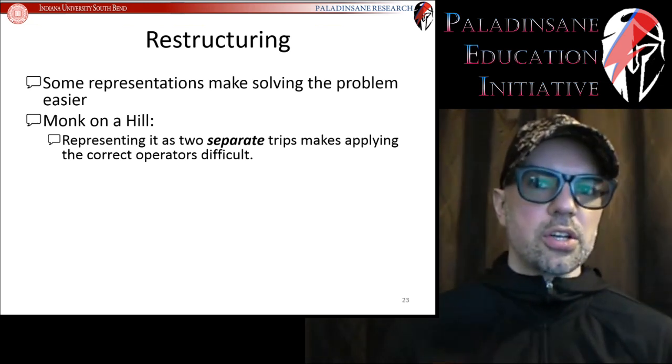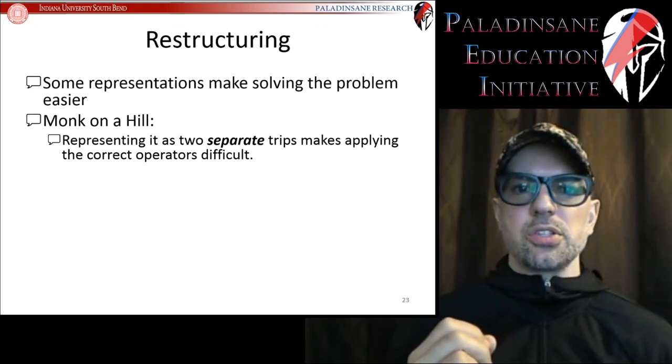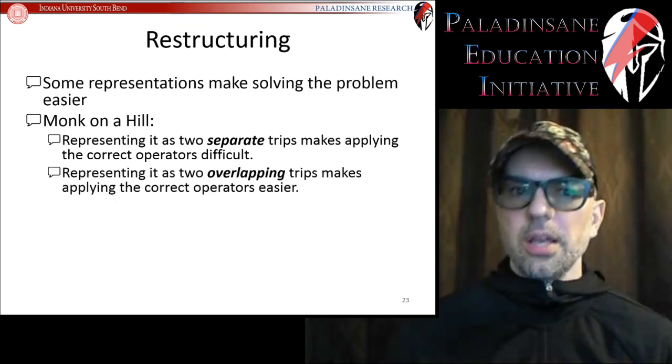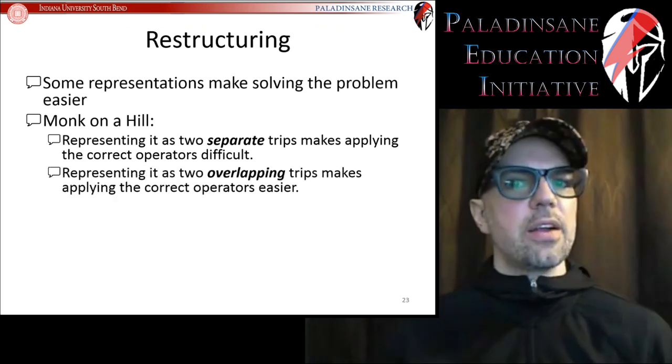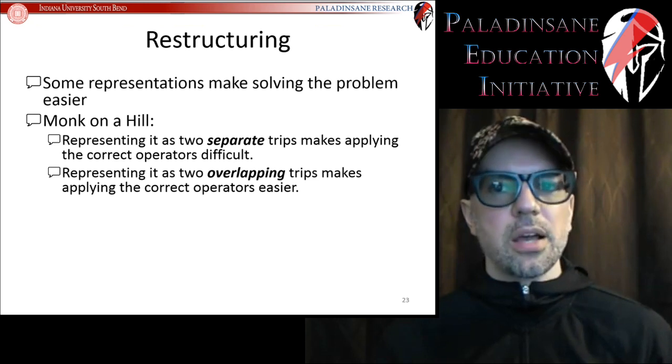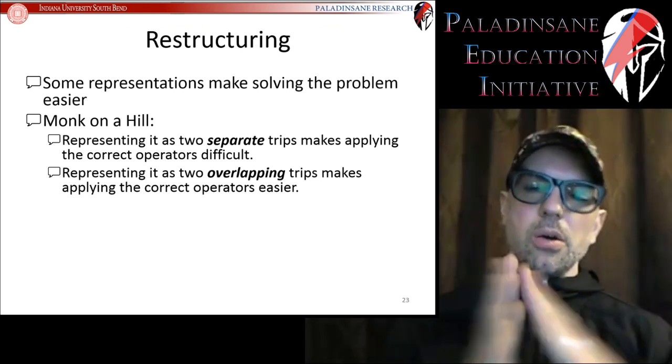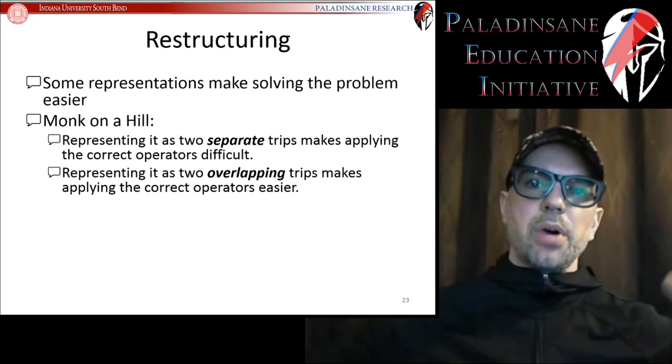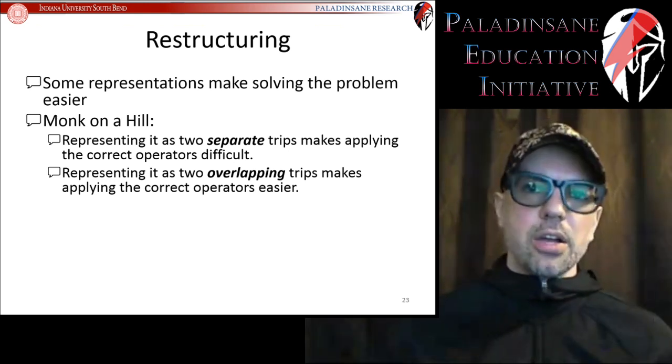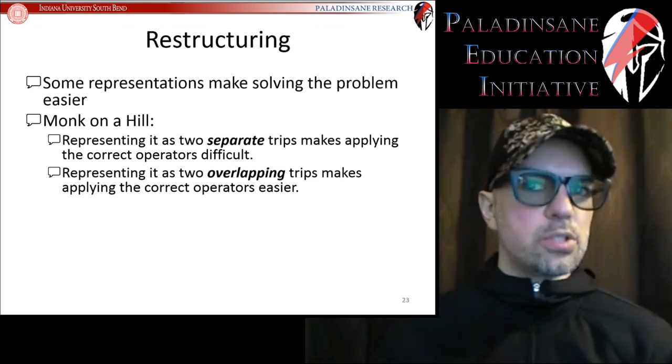However, if you restructure it and represent it as two overlapping trips on the same day, then it's very easy to apply the correct operators. So if you don't see it as two separate trips, but you restructure it and say, you know what, I'm going to superimpose those 2 days.